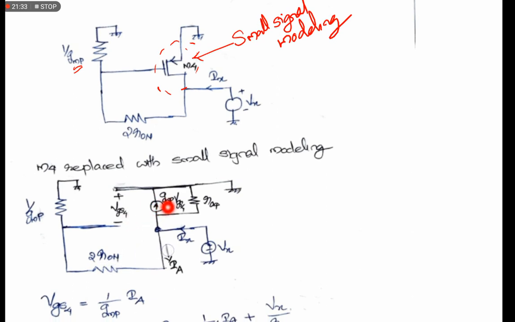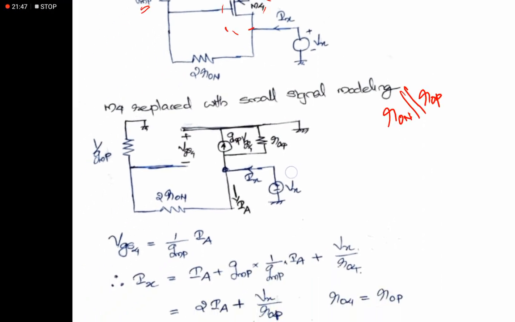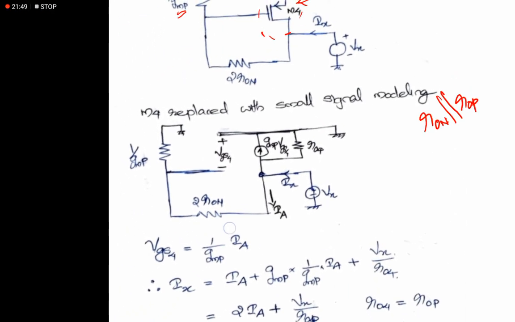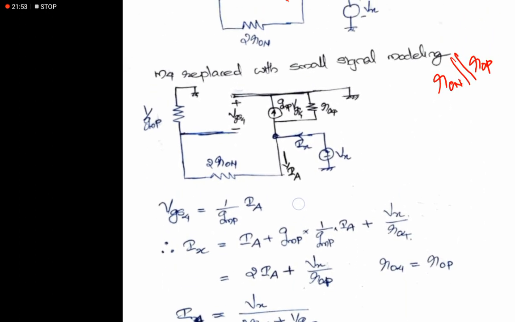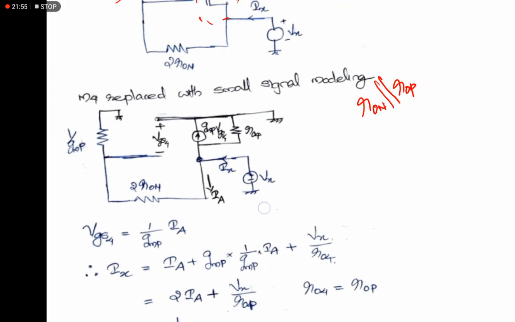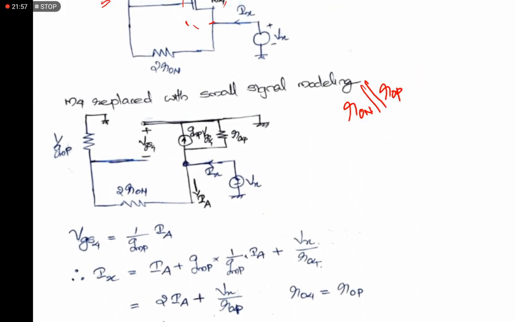Here it is GMP, VGS4, R0P. We need to consider this R0P because we need to get the output resistance in terms of RON parallel to ROP. So when we come to this figure, sorry, maximum zooming, okay, I can't zoom more.